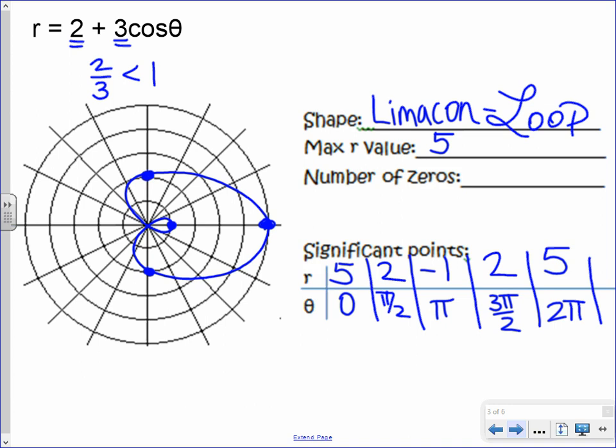When we drew this, everyone look up here. When we drew it starting here, how many times did we go through the pole? Once there, twice there. So we have 2 zeros, but guess what? I'm not going to make you find it. Some of you are celebrating.